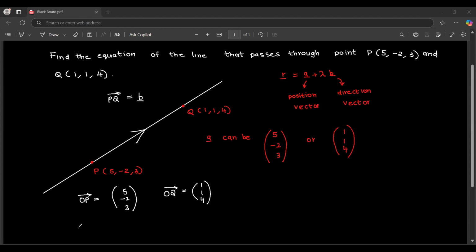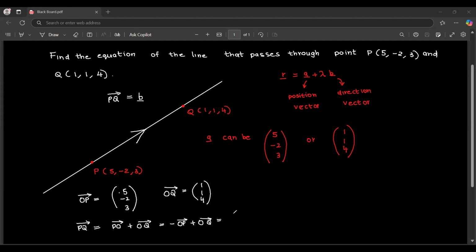PQ will be equal to PO plus OQ, which I can rewrite as minus OP plus OQ. Actually we have OP as (5, -2, 3), but when it becomes minus OP, it will be (-5, 2, -3).